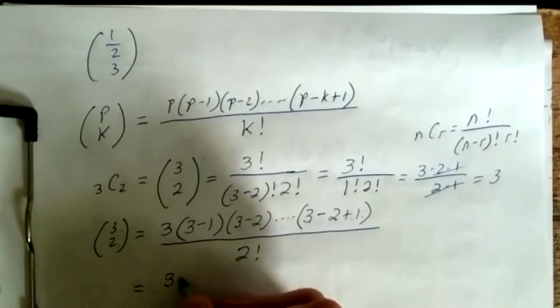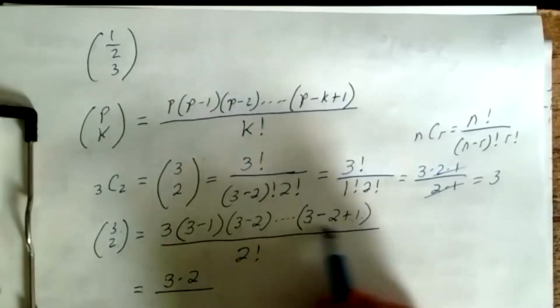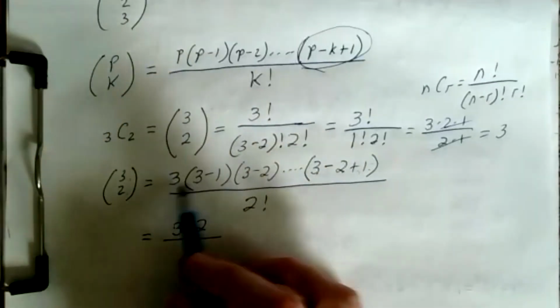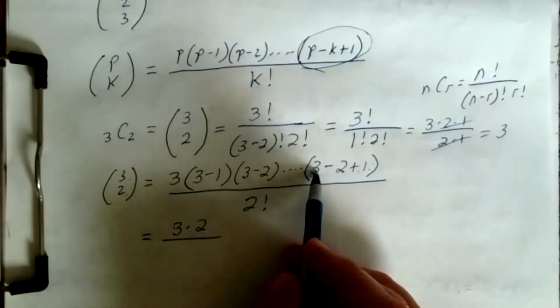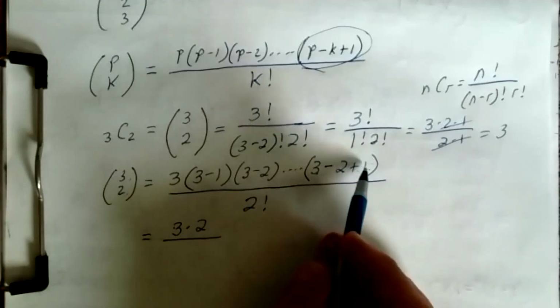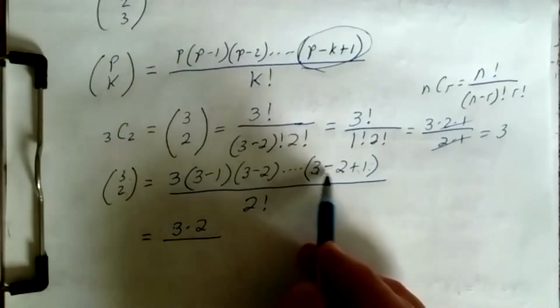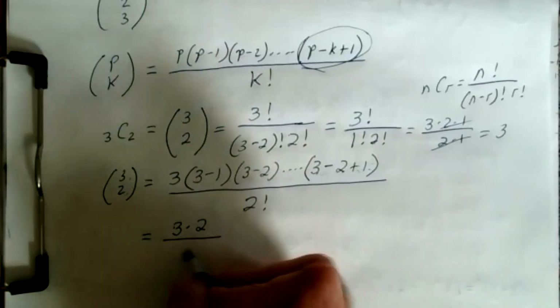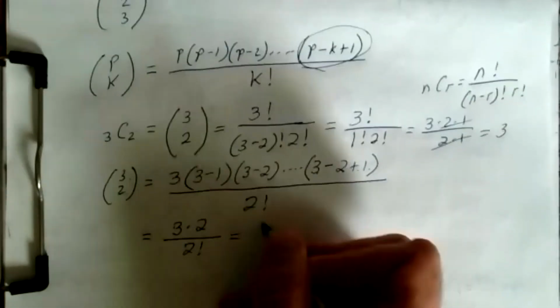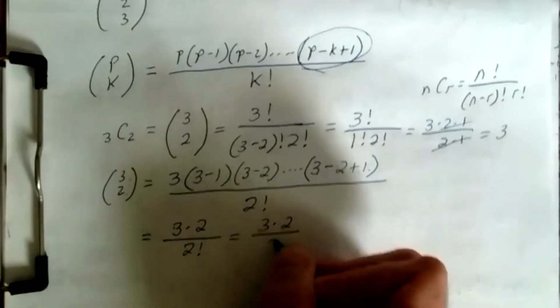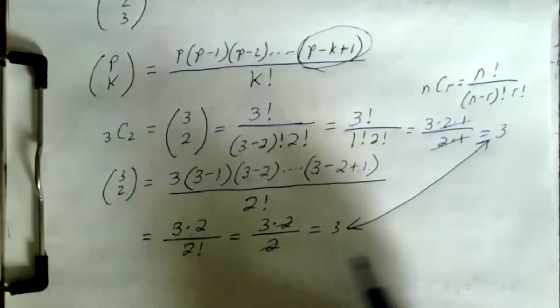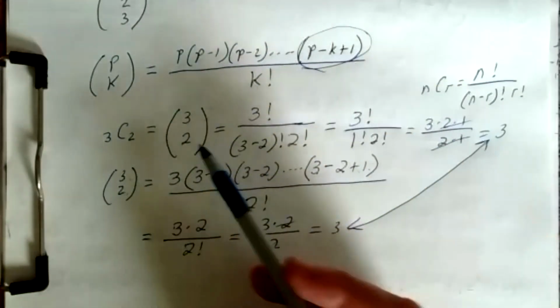We start at 3 times, and go down to 3 minus 1, which is 2, so we have 3 times 2 over 2 factorial. Do you agree this is 3 times 2, with 2 factorial being 2, the 2's cancel, and we're left with 3? Do you agree we get the same answer using this formula?